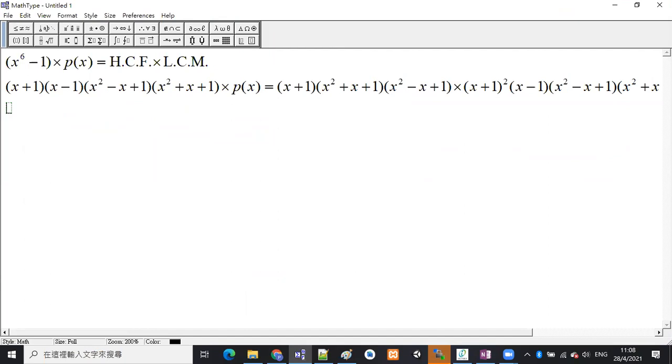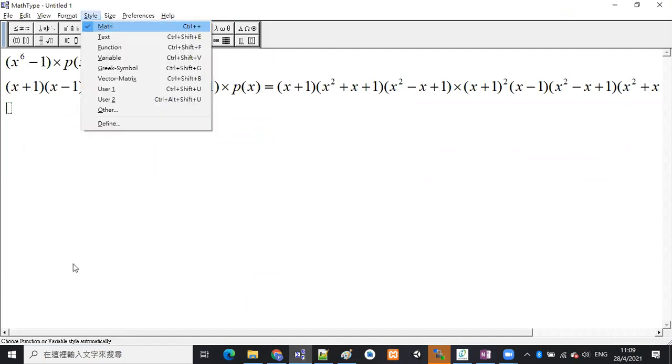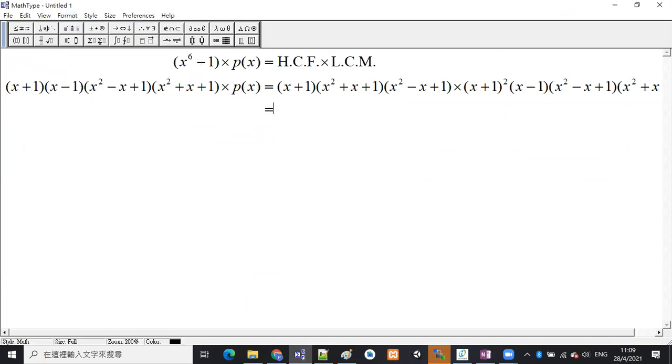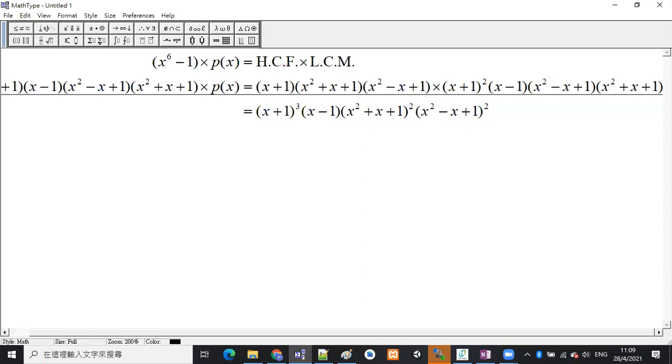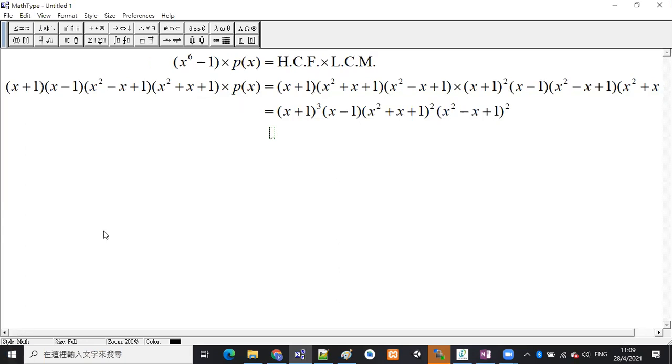Okay, so let us simplify the right-hand side first. We have (x plus 1) to the power 1 times (x plus 1)^2 becomes power 3. And we have x minus 1, and we have x^2 plus x plus 1, two copies, and x^2 minus x plus 1, two copies, right? Okay, so this is the right-hand side, and the left-hand side is still here.